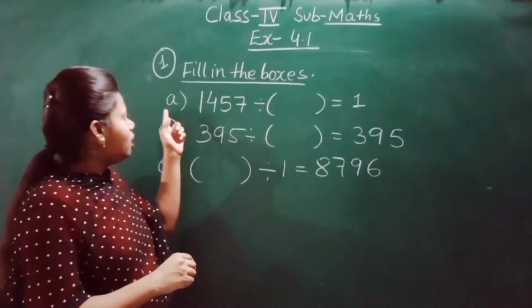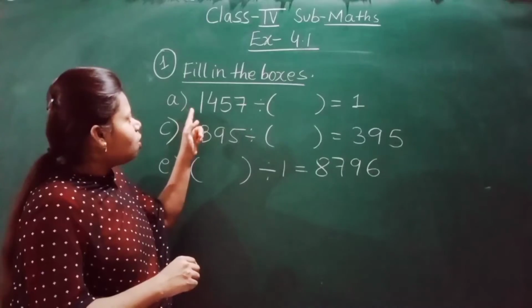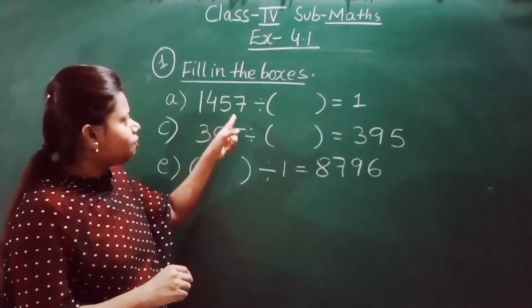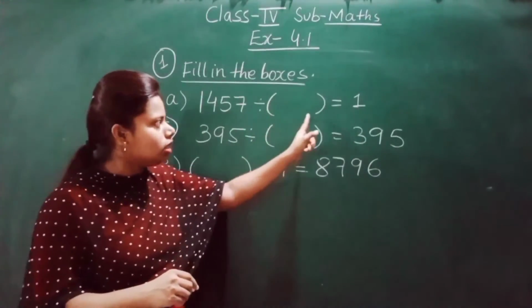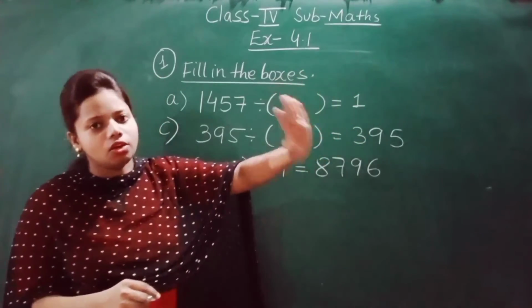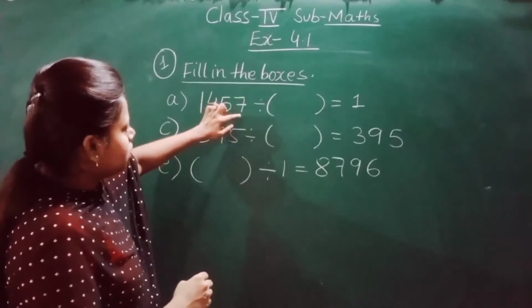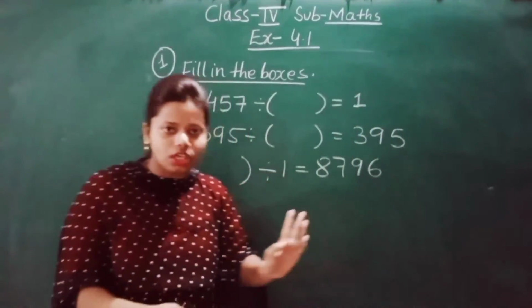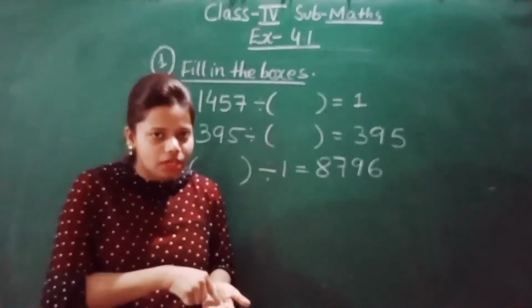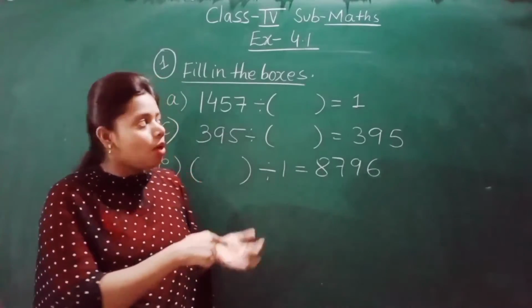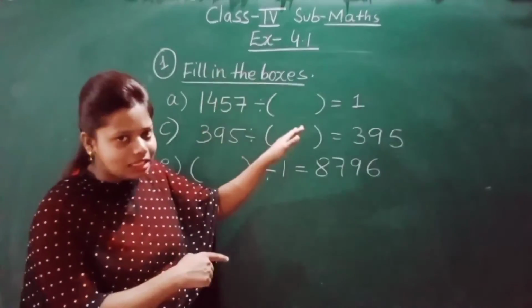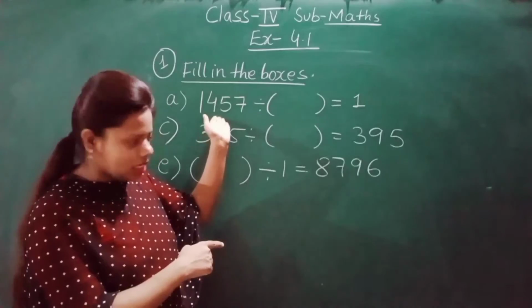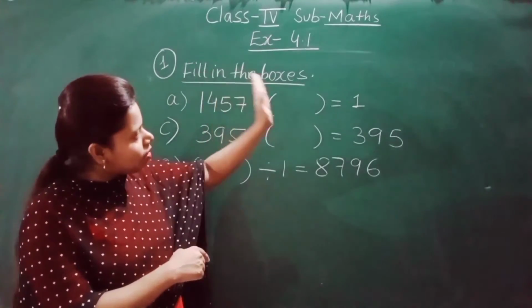Question 1A is: 1457 divided by how much will give us 1 as the quotient? The dividend is given. What will be the divisor so that we get 1 as the quotient? In my division properties, I told you that when a number is divided by itself, the same number will be here also.